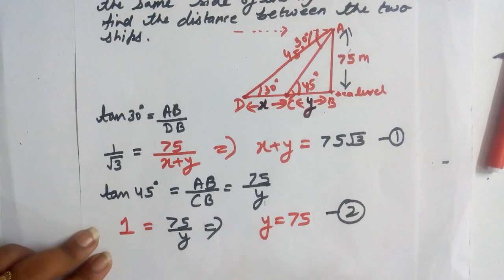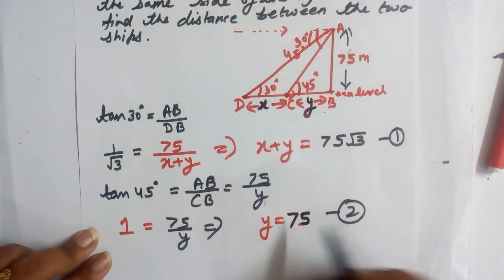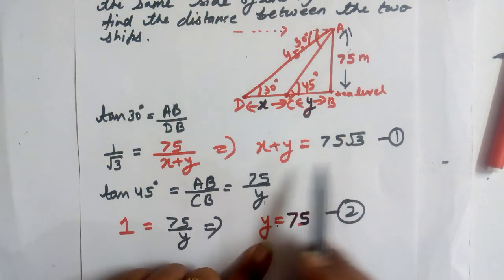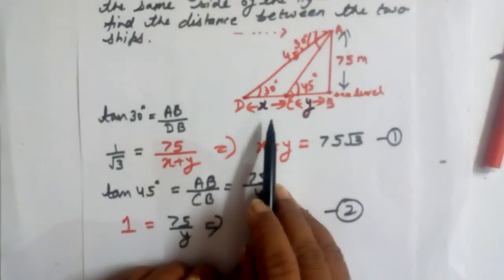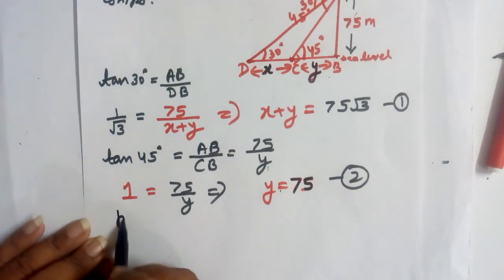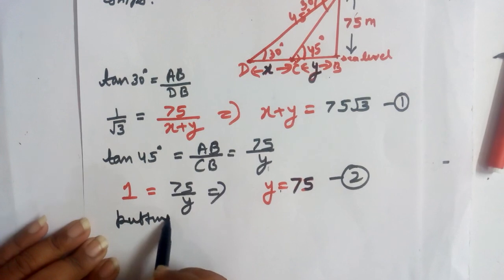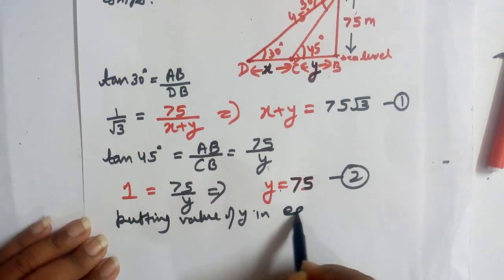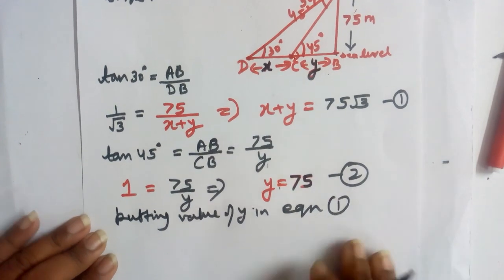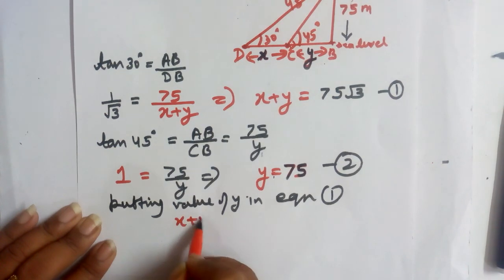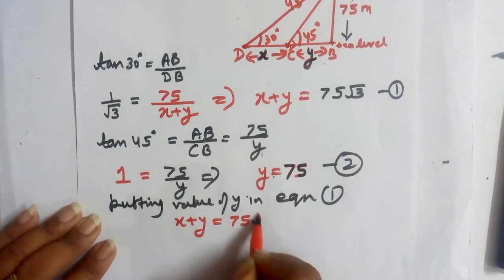Now we can put the value of Y in the very first equation and get the value of X, which we need to find out. Putting the value of Y in equation 1, we write X plus Y is equal to 75 root 3.